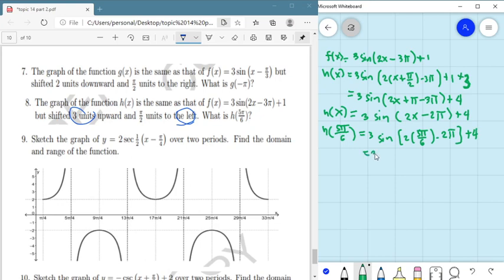Okay, simplifying, we have 3 sine. 2 and 6 can be cancelled out by 2. So we have 5 pi over 3 minus 2 pi plus 4.